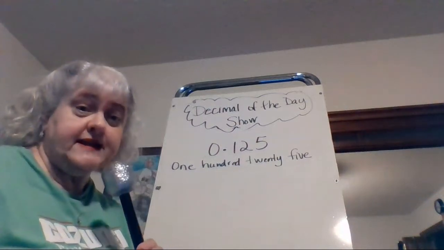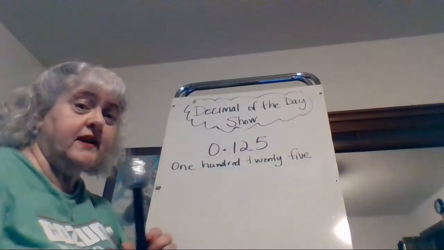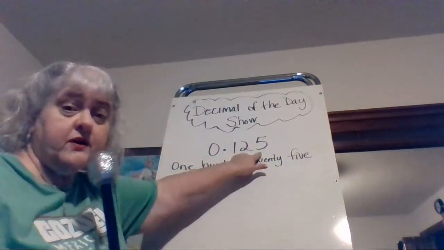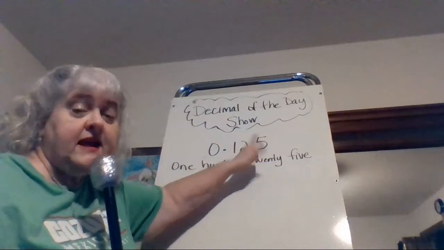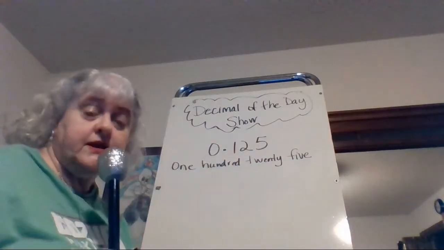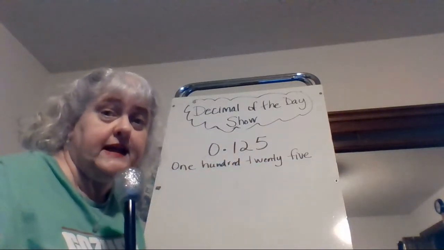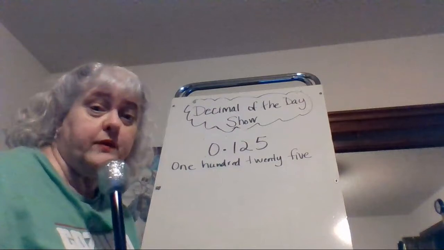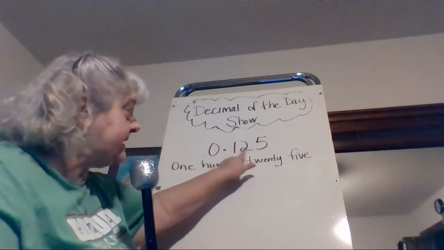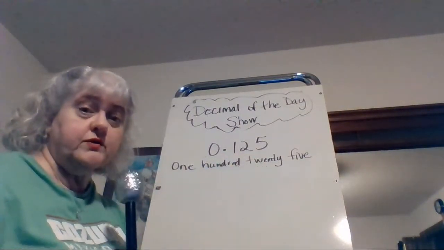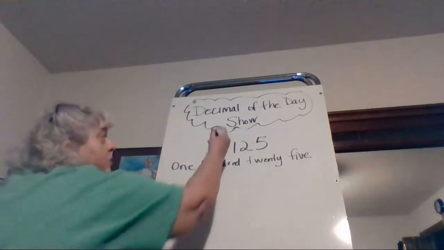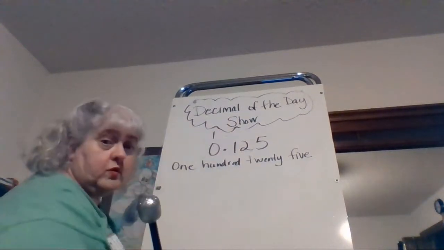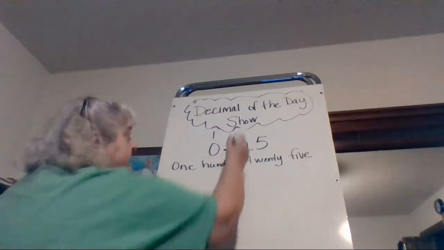Now we're ready for its last name, which is, of course, the name of the place value spot of the last digit. And there are several ways you can do this. You can look at the place value chart that I gave you. Some of you have already memorized that it's tenths, hundredths, thousandths. Or you could use this trick. You can put a 1 over the whole number in the ones place.